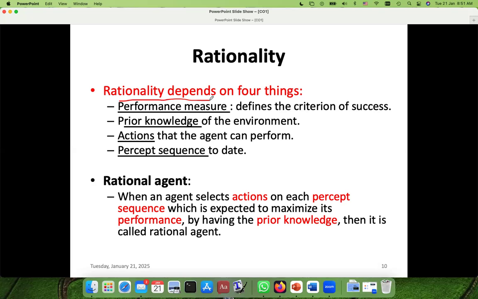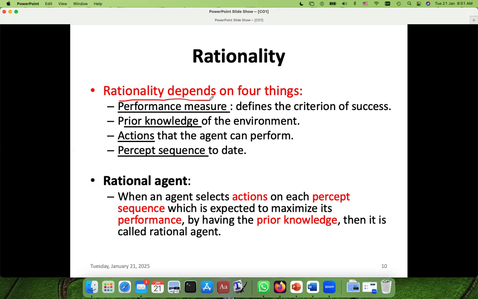Performance measure is a criterion, a formula that you will set in the programming of your agent that will define the success of your agent. What is meant by success? That the agent has achieved the target or objective. If the agent has achieved the objective, it is success. If not, it is not.